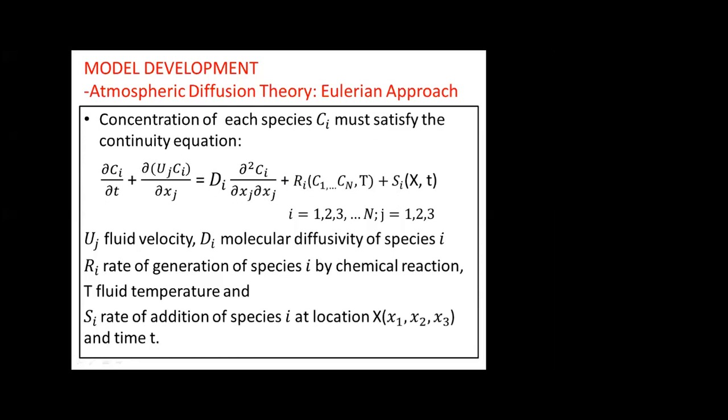And this is the basic atmospheric diffusion equation. This is our base for developing the mathematical modeling of the air pollution problem. So let's start with the derivation of the basic equation to study air pollution problems.